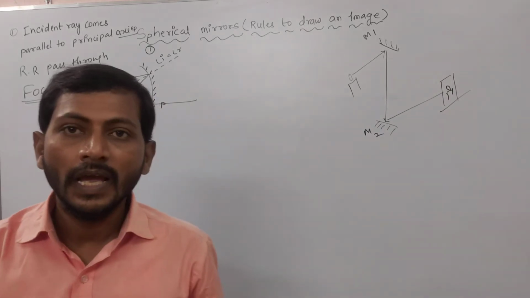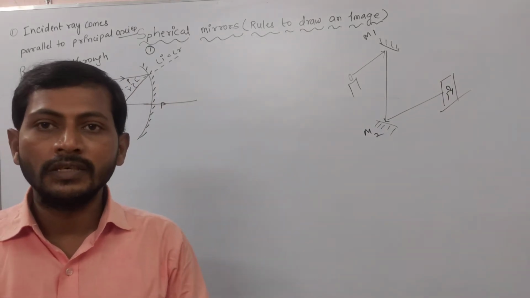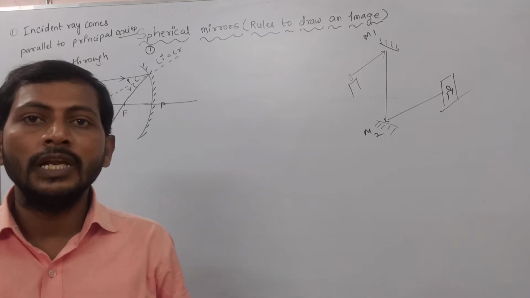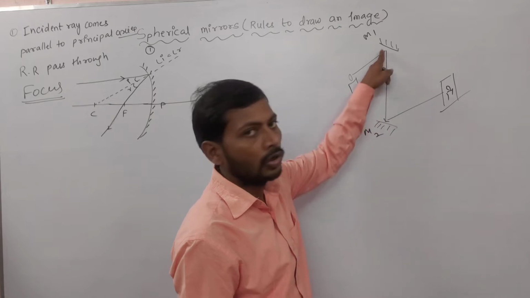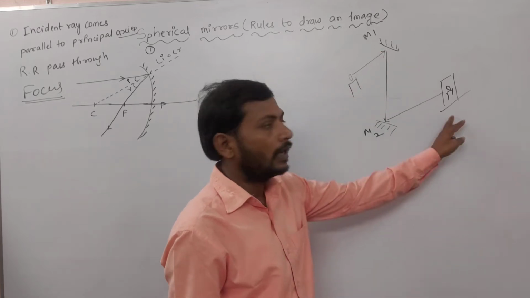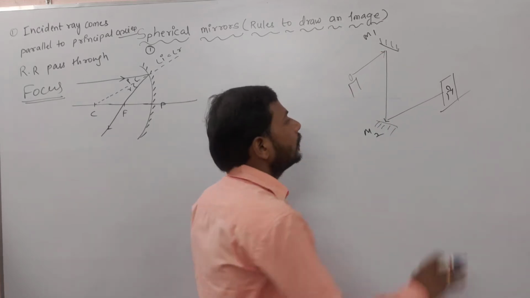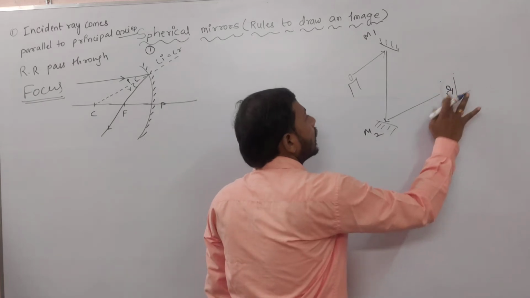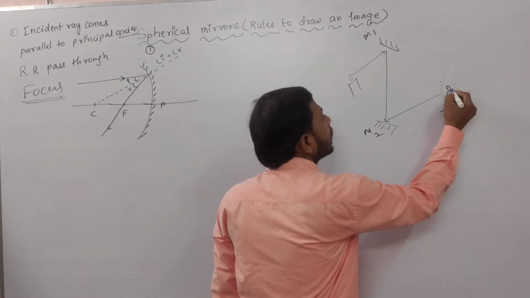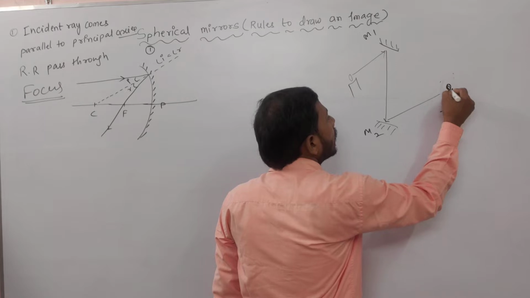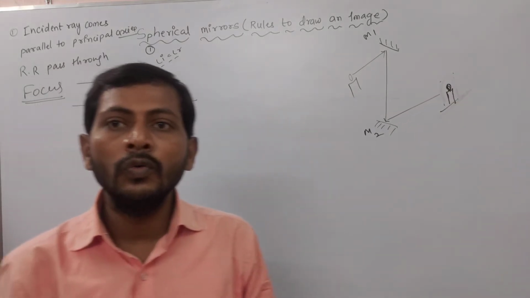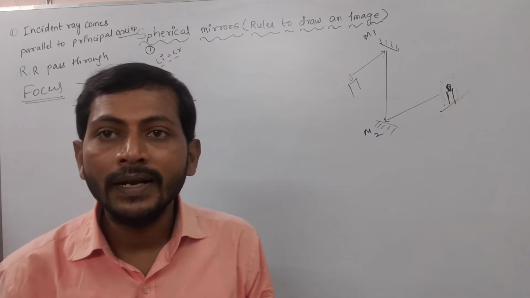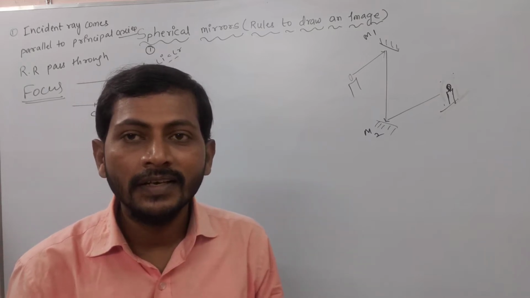Very good. Now I am not going to change any position. The mirror positions and the screen I am not going to change. If I keep a real candle here, where the image was, where do you expect the image?